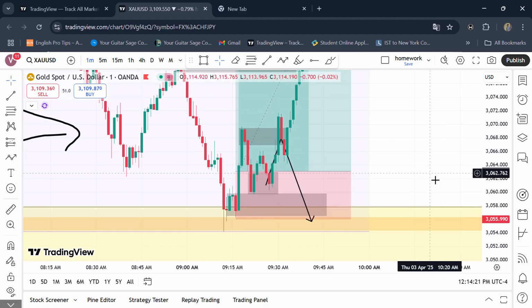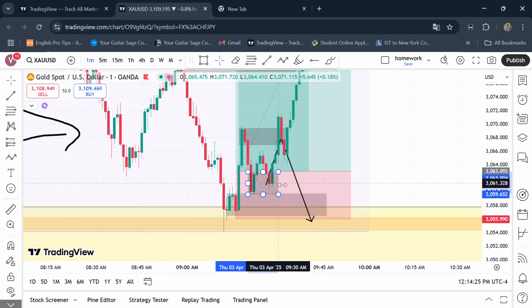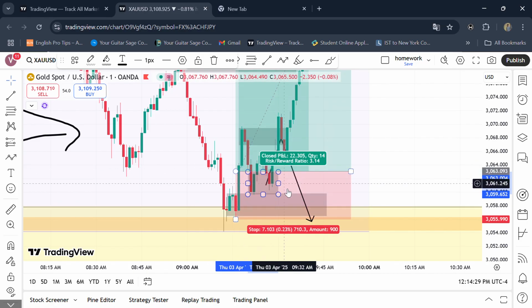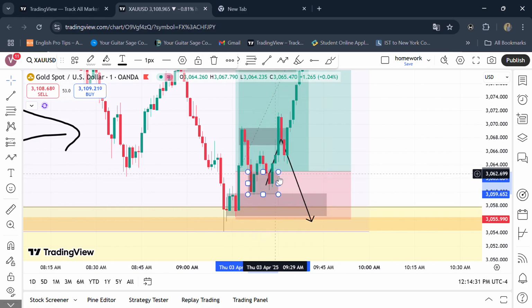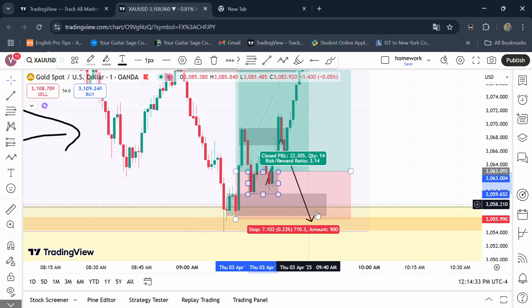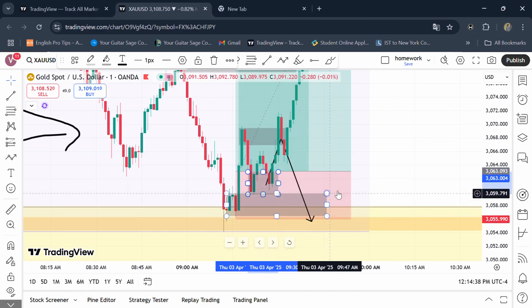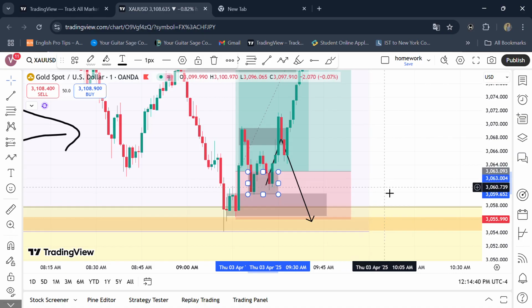So for us to not drop into very risky trades, because the price was already showing these signs of 1 minute order blocks being formed and being respected. If it would have broken everything, then we would have again had to wait for other 1 minute order blocks to be formed and for them to get respected. So that would have been the procedure.